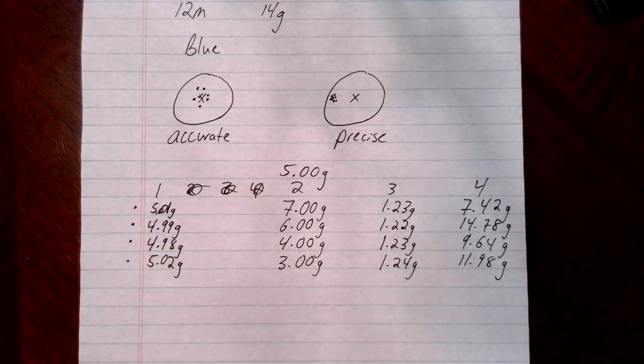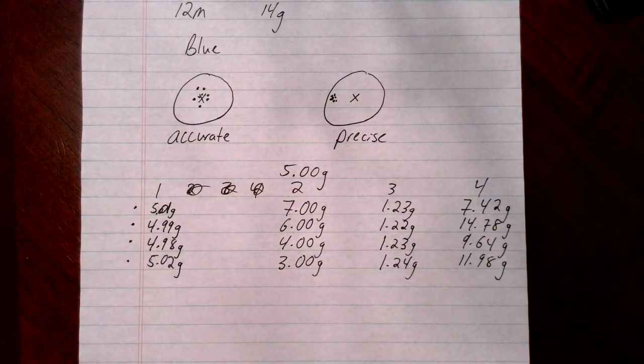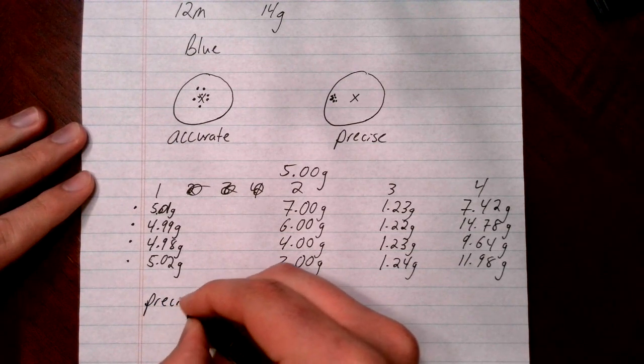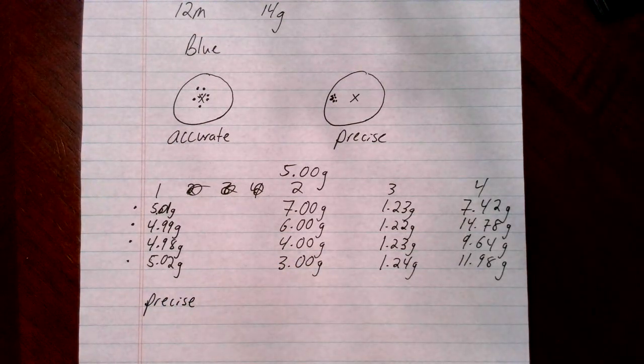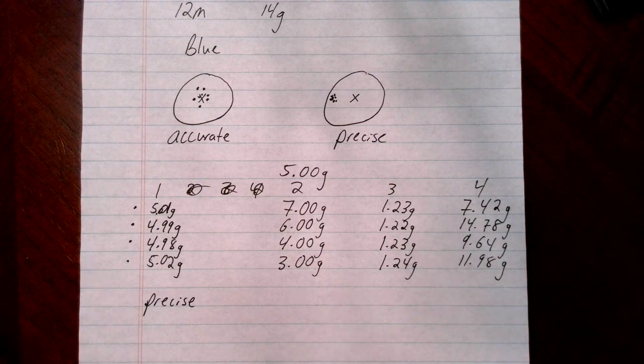So now we need to use the terms accurate and precise, or rather we can describe the accuracy and precision of each of these four students and their measurement. So let's start with student one. If you look at student one, all their measurements are grouped very close together. So we can say that this student is precise. And we can see that their measurements are all very close to the true value, or the known value.